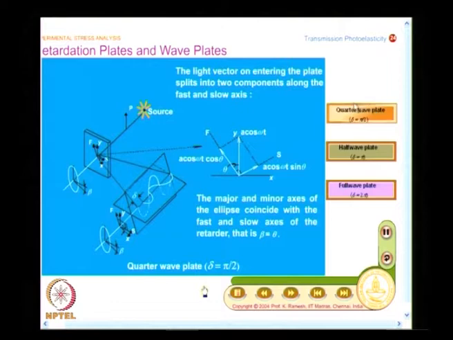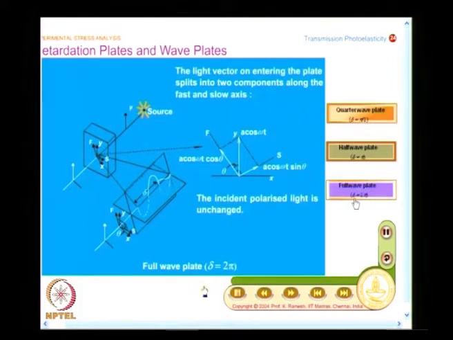On one hand we have the quarter wave plate, on the other extreme I have a full wave plate. What is the definition of a full wave plate? It introduces a retardation of one complete wavelength. So, it is as good as the crystal plate is not there.